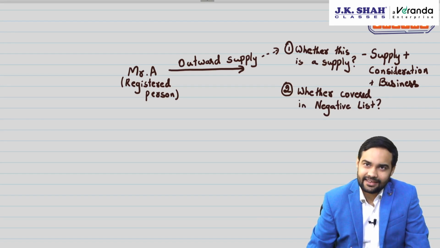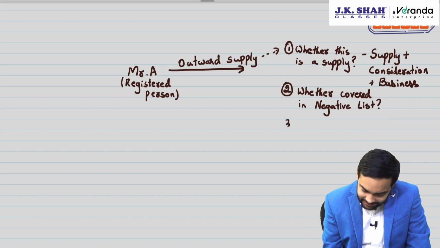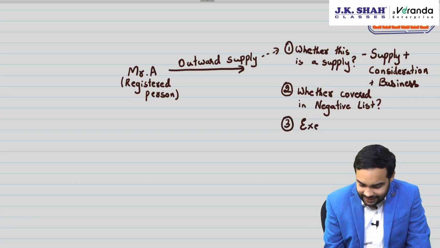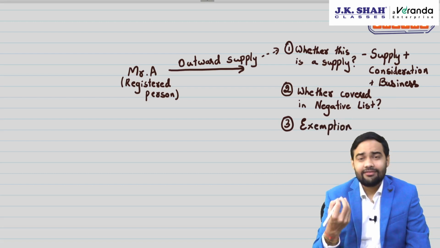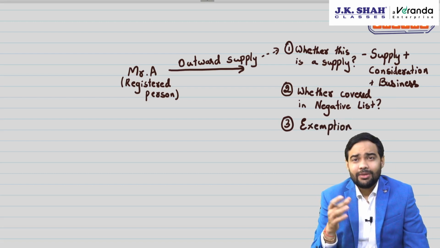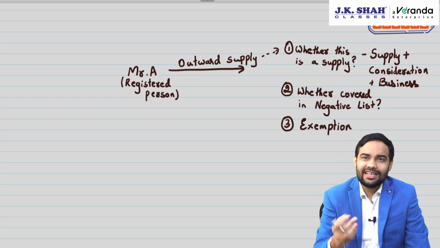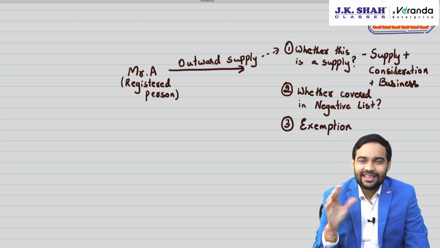We will learn that. After that, the third point is in relation to whether there is any exemption available. So he has to also check whether it is exempt, because the moment it is exempt, there will not be any GST on this particular transaction.